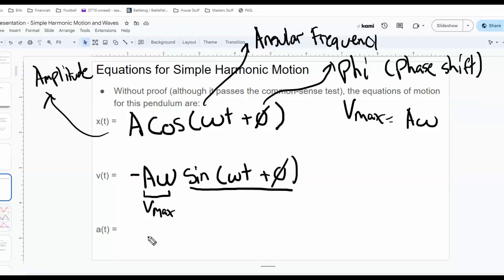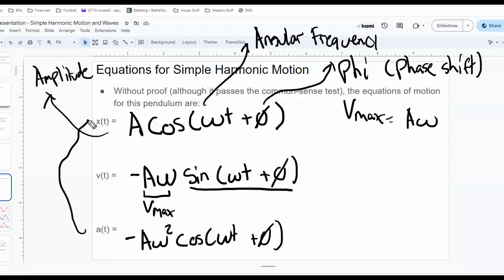And so a of t is equal to negative A times omega squared times cosine of omega t plus phi. Okay, and if you compare x of t with a of t, you'll see these two equations are the exact same. The only difference between the a of t equation and the x of t equation is that there's a minus sign, and in front of the cosine there is an omega squared.